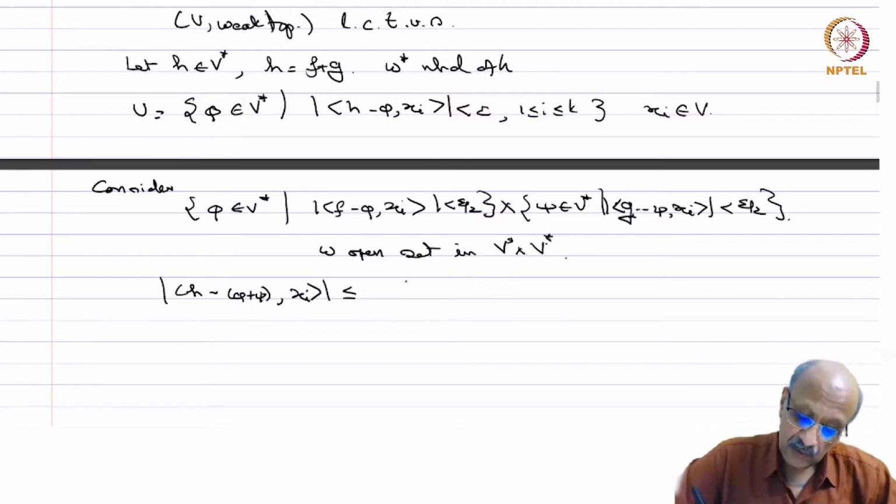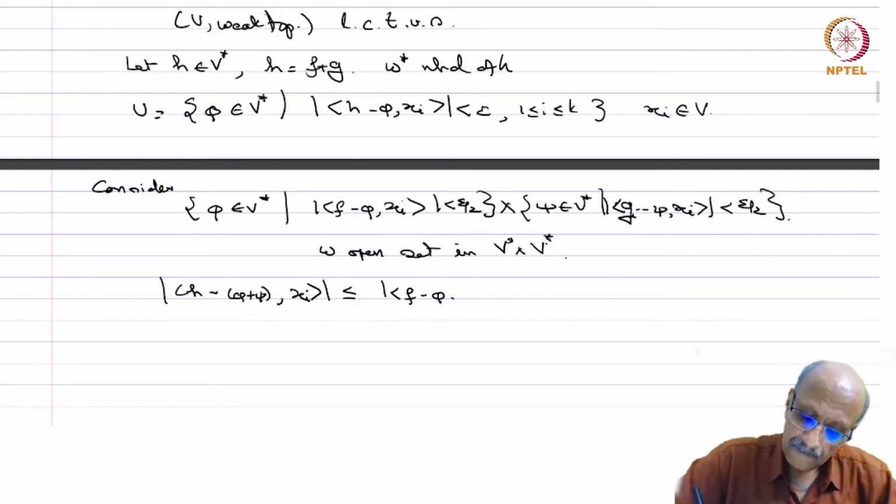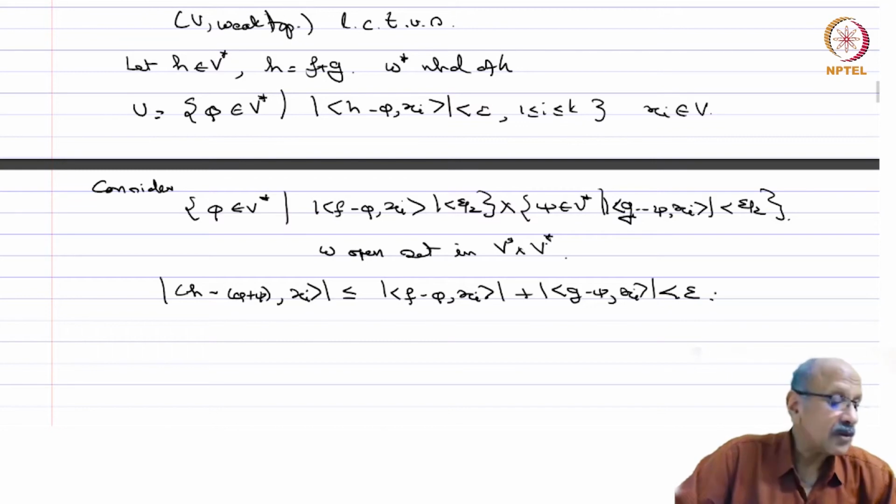Okay, so then you get this is less than or equal to mod f minus phi xi plus mod g minus psi xi, and therefore this is less than epsilon by 2 plus epsilon by 2, that is epsilon.